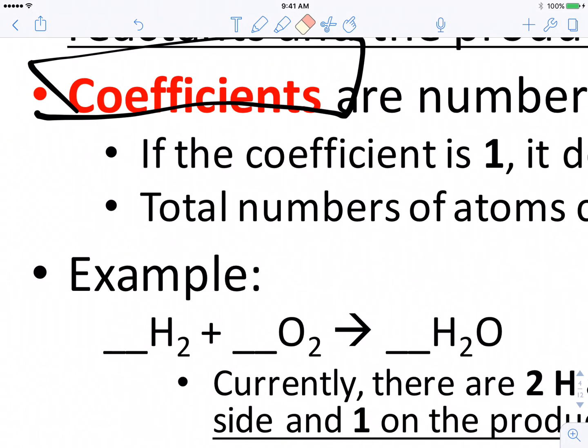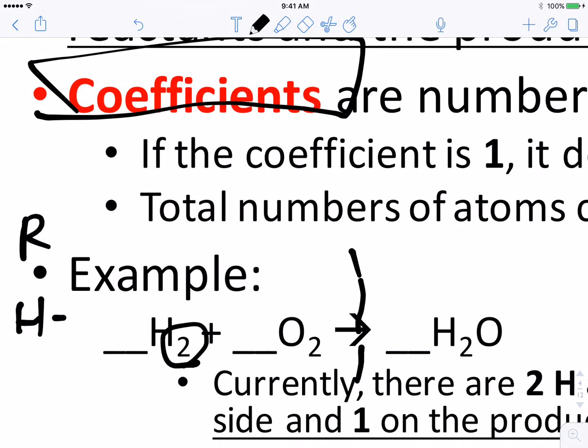So let's take stock of our current number of atoms. If we separate our product side from the reactant side, we need to count our hydrogen atoms and our oxygen atoms. How many hydrogen atoms do we have? 2. So hydrogen on the reactant side, we have 2. How many oxygens do we have? 2.